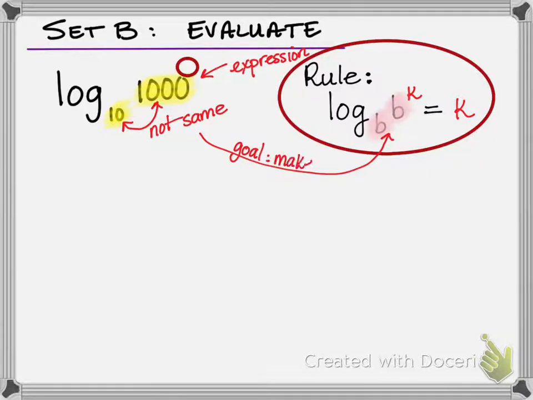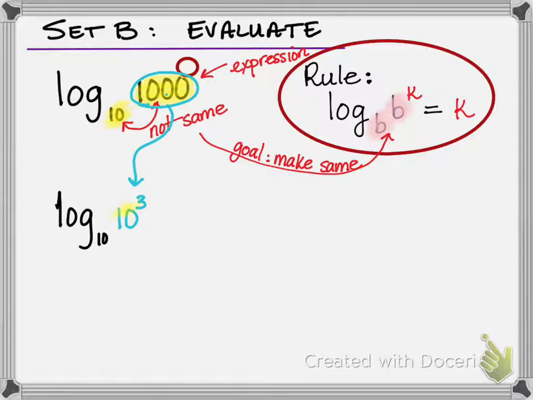So how can I rewrite log base 10 of 1,000? I want to keep log base 10, but I want this new 10 right here to represent 1,000. Well, I know 10 times 10 times 10 is 1,000, so I'm going to write it like this. So I replaced the 1,000 with a different way of writing it, and that's 10 to the third. Now, why did I do that?